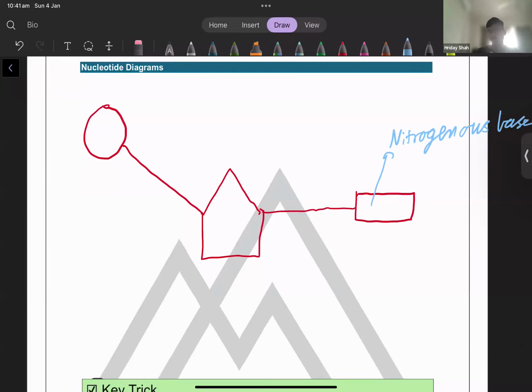The pentagon we are talking about represents the sugar. And finally, the circle at the very top represents the phosphate group. That's the same phosphate group we were talking about for phospholipids.